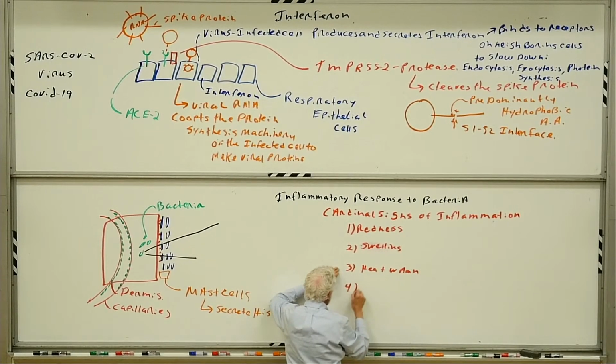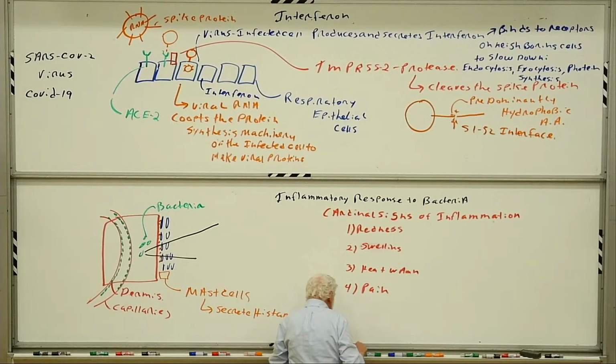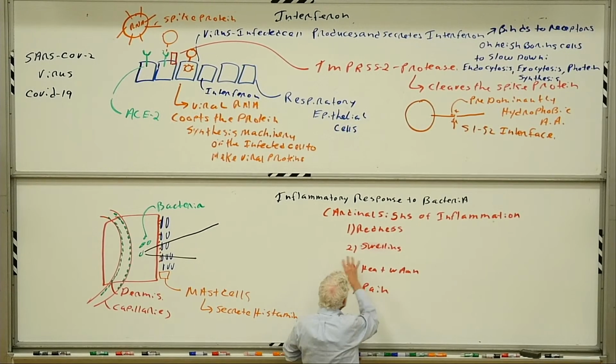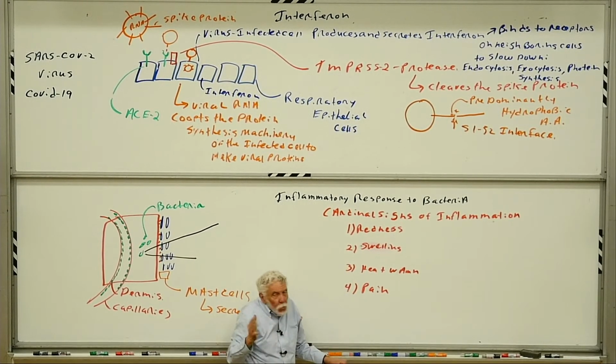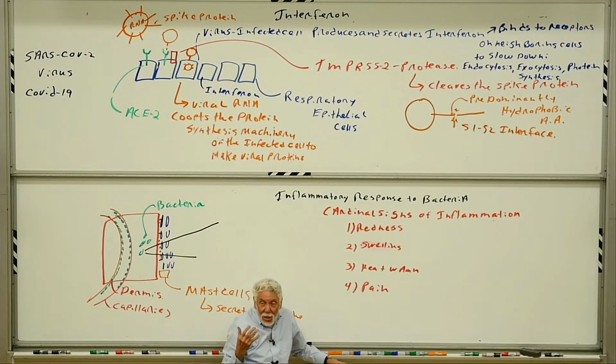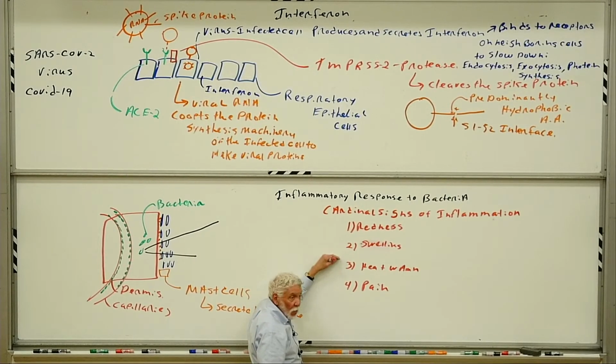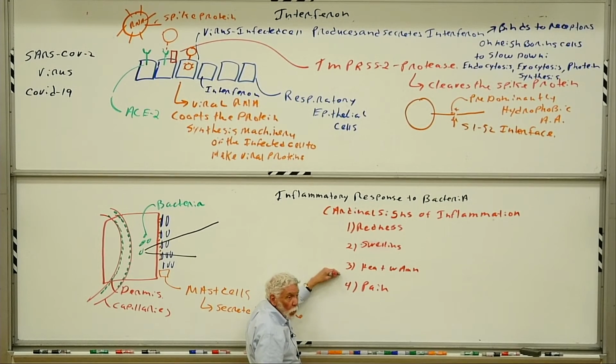And the fourth one is pain. As I said in the introduction, these cardinal signs of inflammation were recognized 2,000 years ago. And they're easily recognized because every time we get a splinter or we cut ourselves, we get a bit of an infection, we see these signs. It turns red, often swells. It gets warm because of increased blood flow, and it hurts.